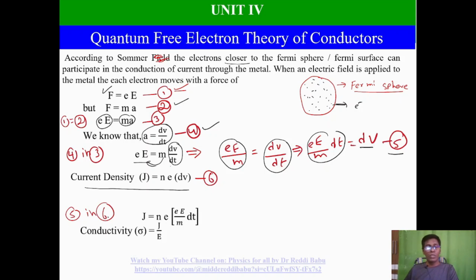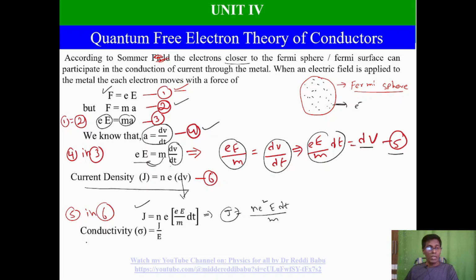Now substitute dv, the fifth equation, in the sixth equation. We can write current density J is equal to Ne into eE dt divided by m, so J is equal to Ne square E dt divided by m. This is the equation for the conductivity.